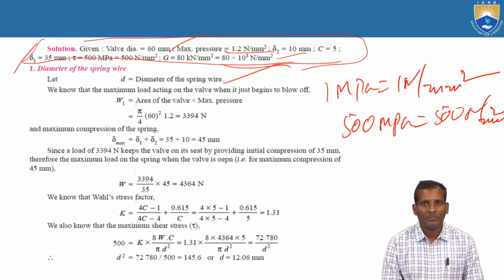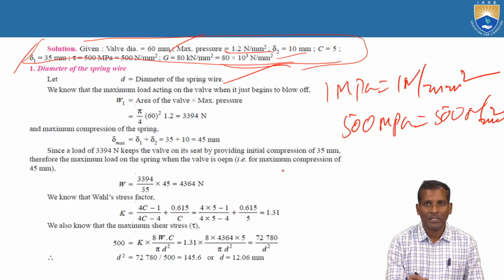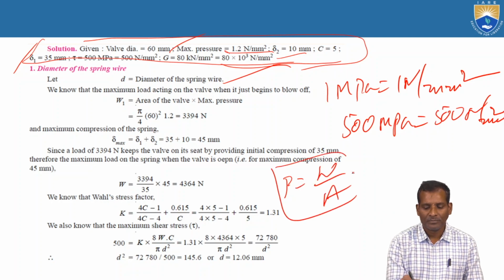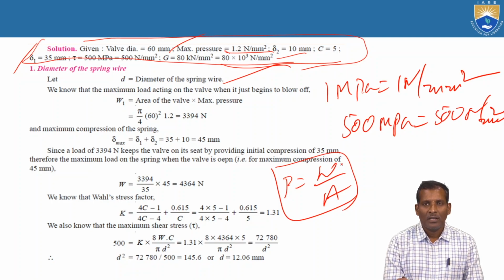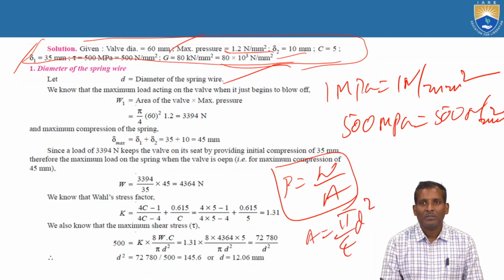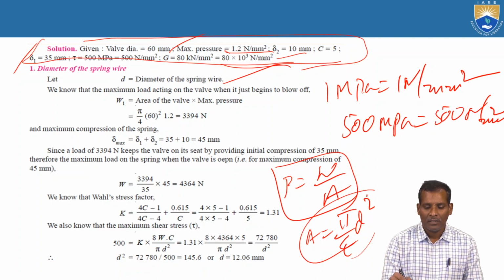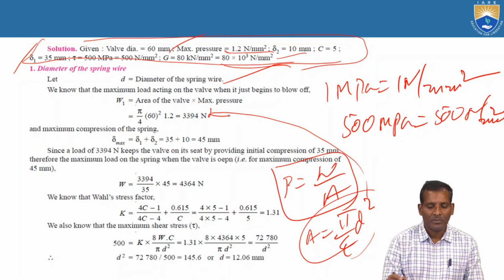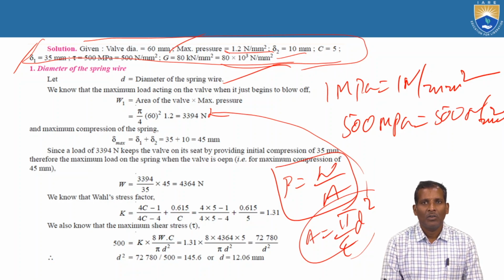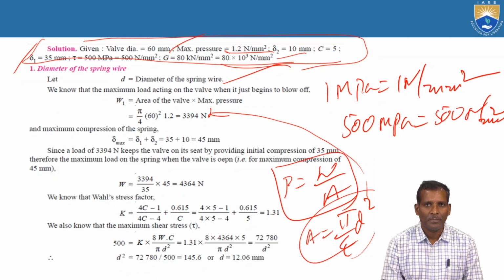Using the pressure formula, pressure is equal to load upon area. Here the load W is the maximum load, and the area of the valve is A equal to pi by 4 into D square, with D equal to 60. Substituting in the area formula, we find W is 3394 newtons.